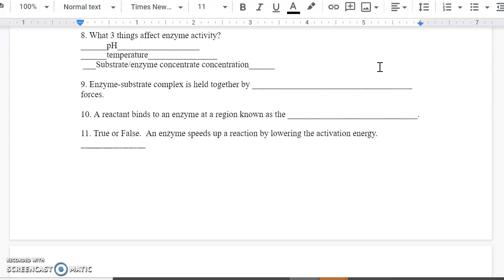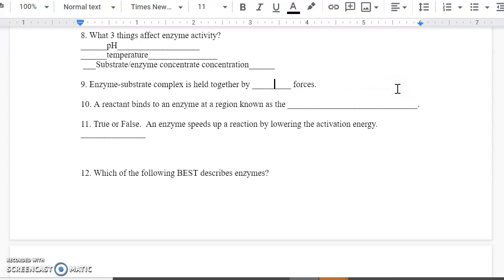The enzyme substrate complex is held together by intermolecular forces, between the molecules. It holds the substrate in the enzyme until the reaction is complete, and then the substrate is released as a new product. The enzyme does not change in a reaction.